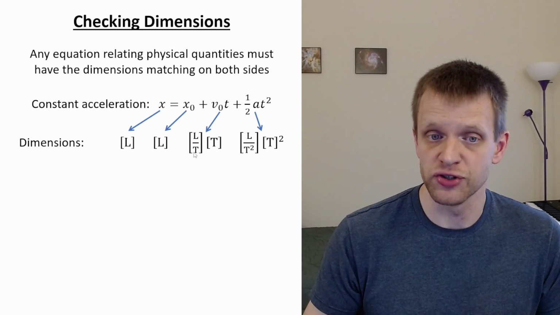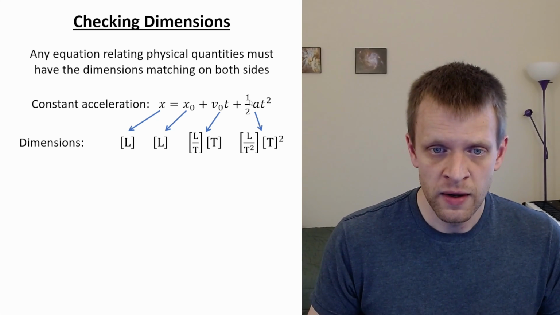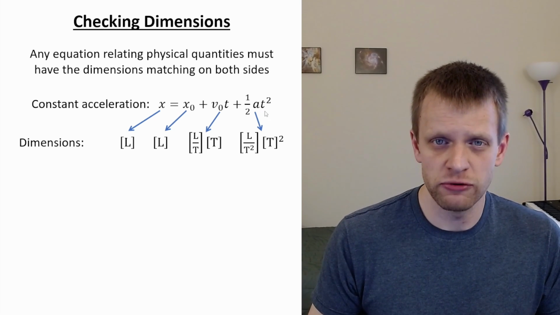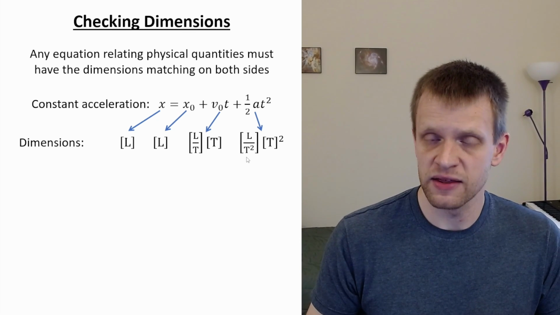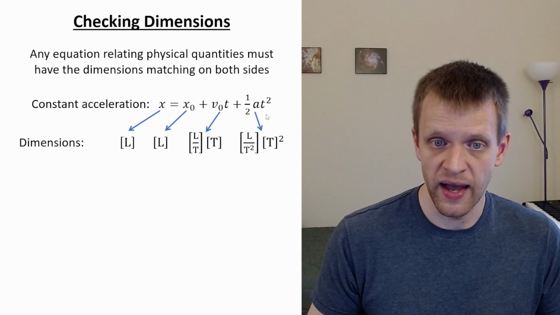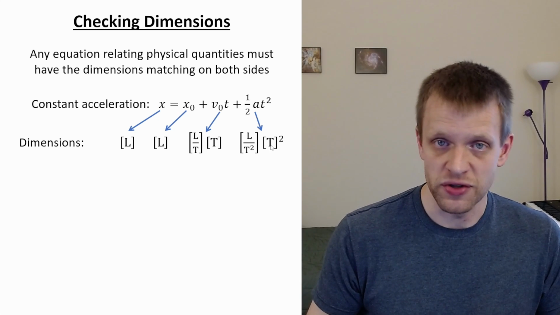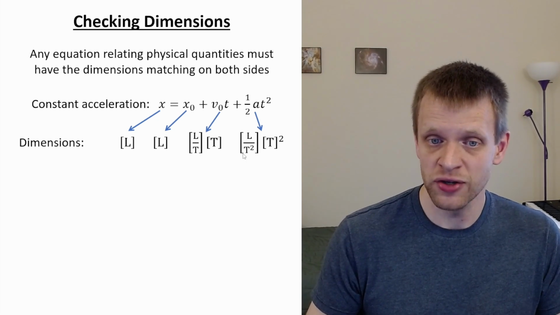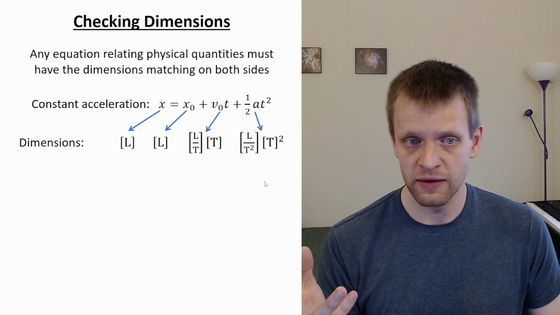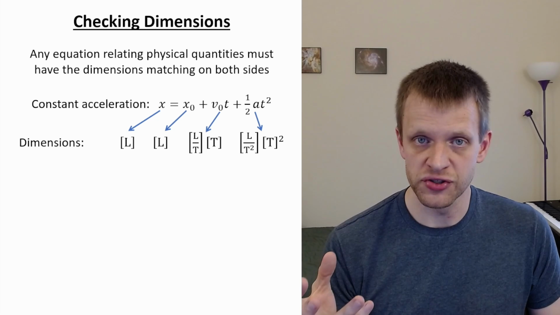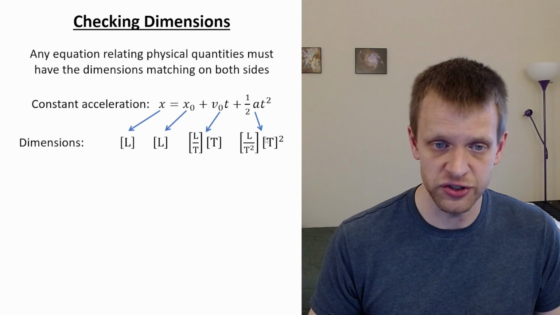So those times are going to cancel out, and I'm left with just length. This last term, the 1/2 acceleration times time squared. Well, acceleration is a length divided by a time squared, and we're multiplying that by a time squared. So the t squareds cancel out, and this whole term overall still gives me a length. So all of those terms are just units of length when we go through these different operations.